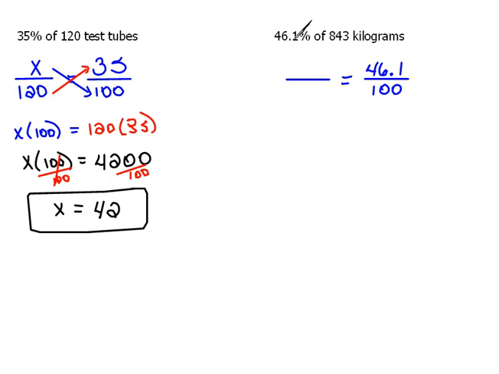Now, if we're looking for how much this is of 843, 843 would be our entire amount. We're looking for the portion of that. Now, again, let's use some logic. We're looking for a little bit less than half of 843.